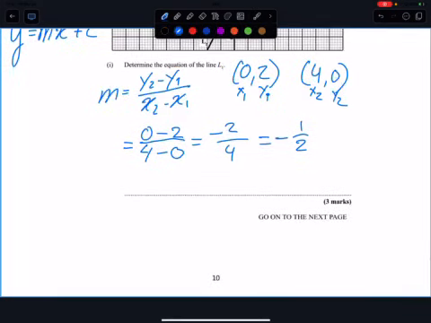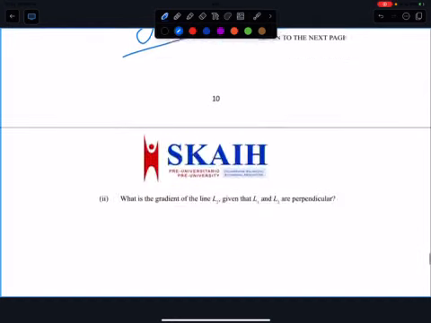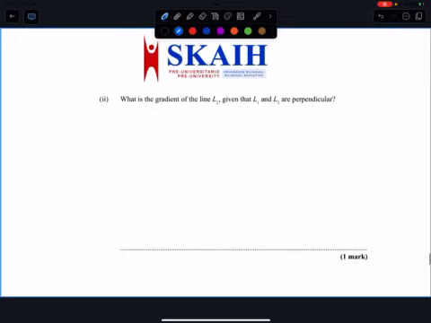So, what is the equation? Remember, it says determine the what? Equation. So at the end, they would like to see an equation. y equals minus a half x plus 2. That's what they wanted to see. 3 points. Plus 2? Yes.